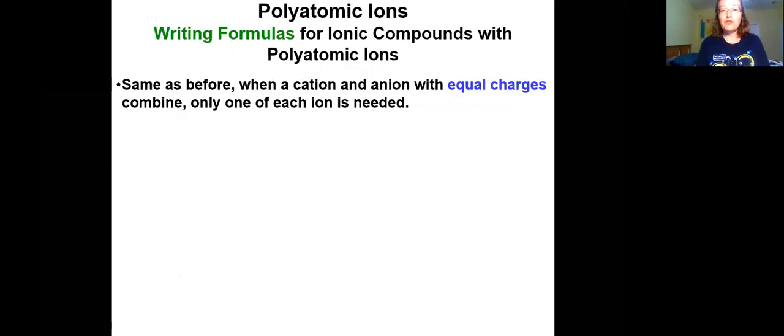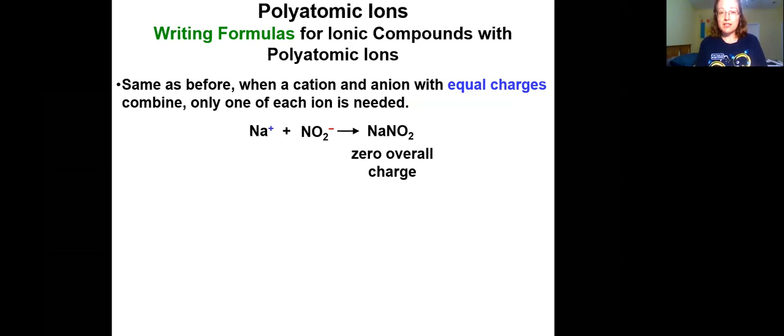When you write formulas for ionic compounds that contain polyatomic ions, the same as before, when a cation and anion with equal charges combine, we only need one of each. Here we have the sodium ion, and we use the chart to see this guy, NO2 with a -1 charge.